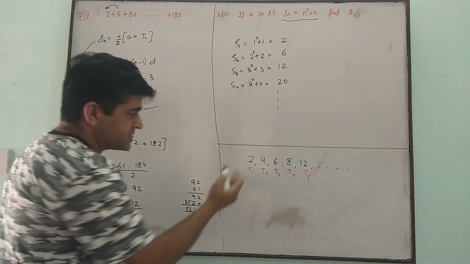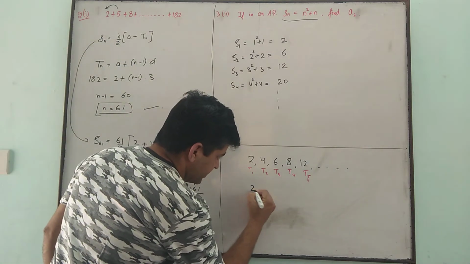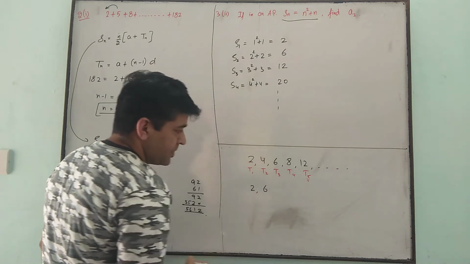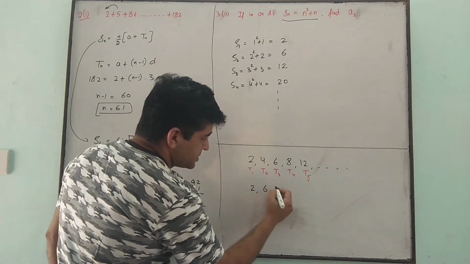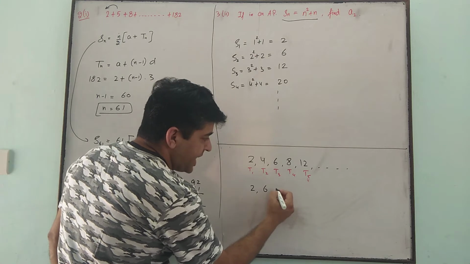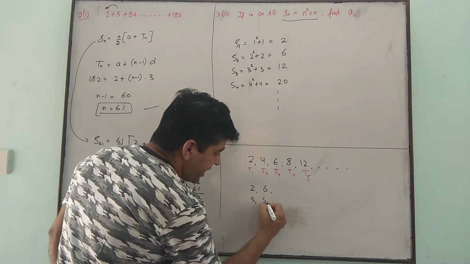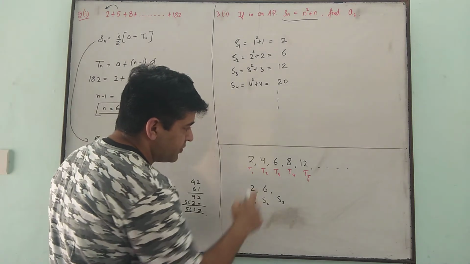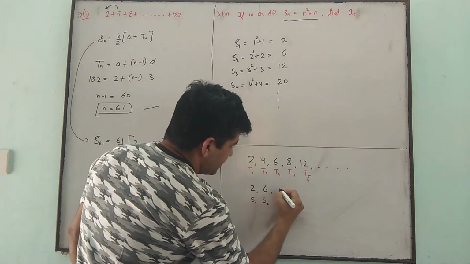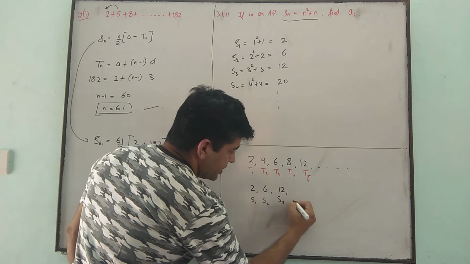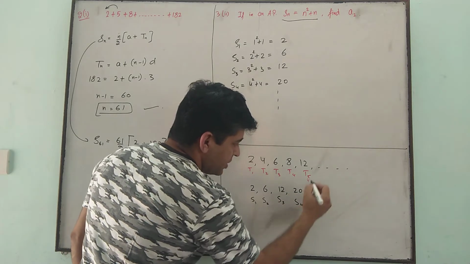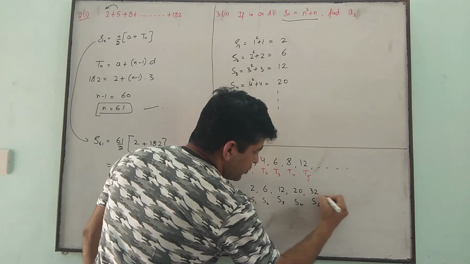If we are taking the sum up to the first term, it is 2, sum of first two terms is 6. Then sum up to 3 terms, S3, this is S1, S2, then S3, will be 12. S4 will be 20. S5 will be 32, and so on.